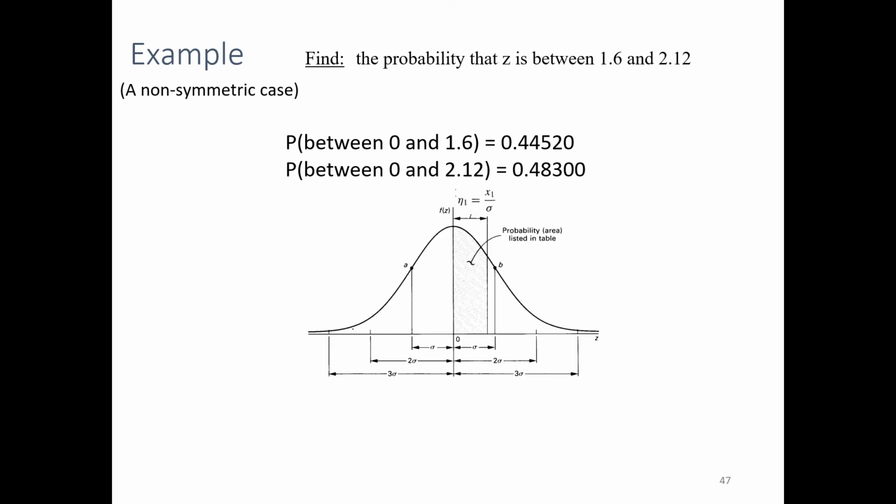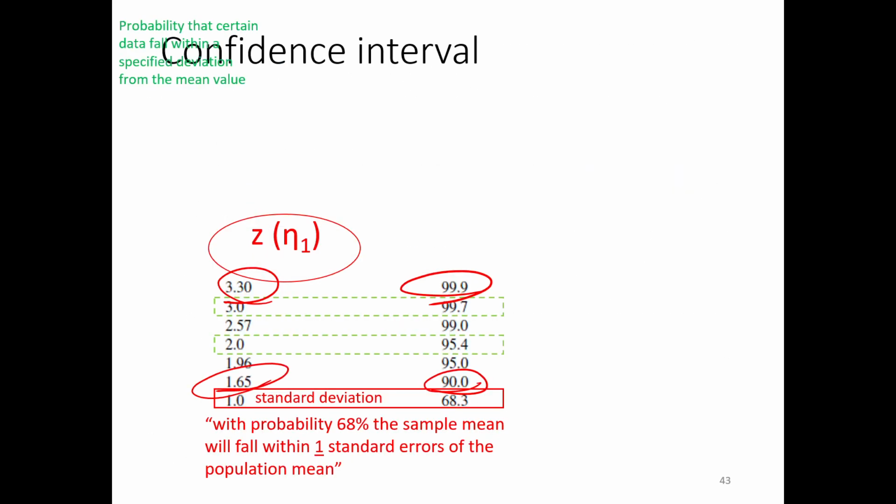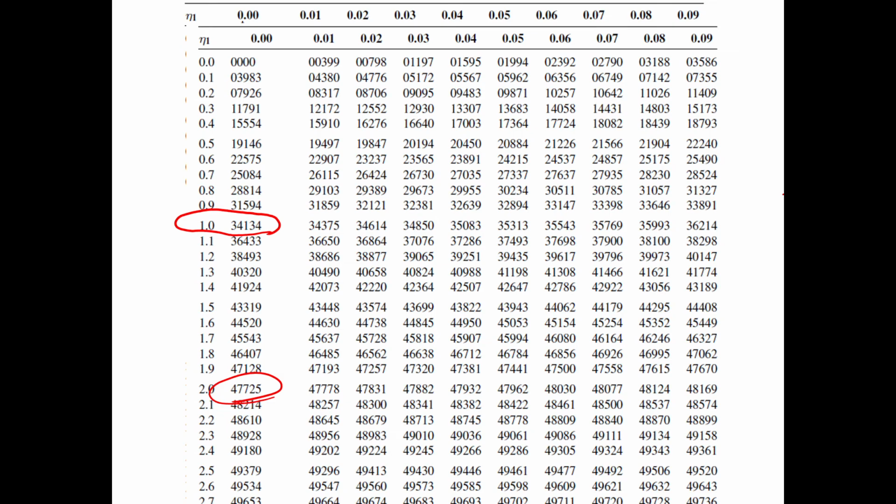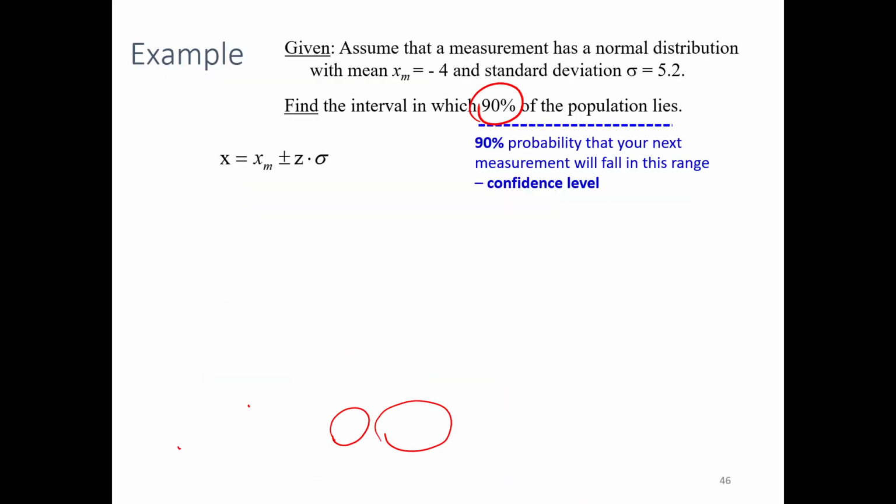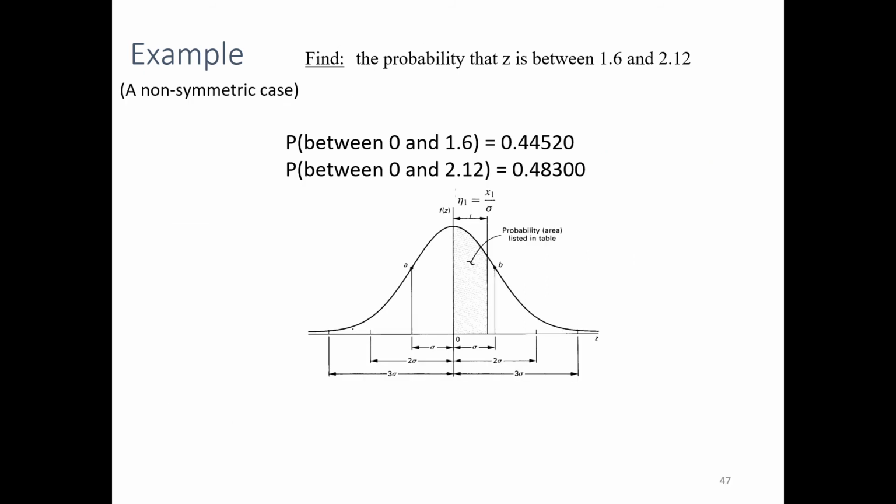So what we need to do is find the probability that something lies between 0 and 1.6. Let's go back to the table. We have the 1.6, which was 0.4520. You have to read the first column, don't worry about the other columns.